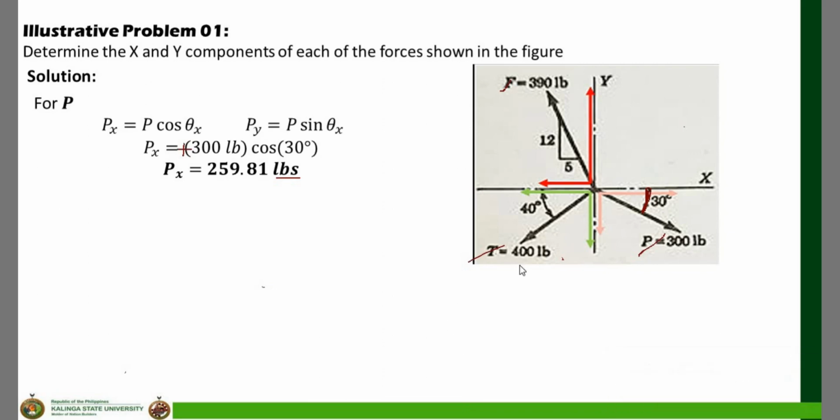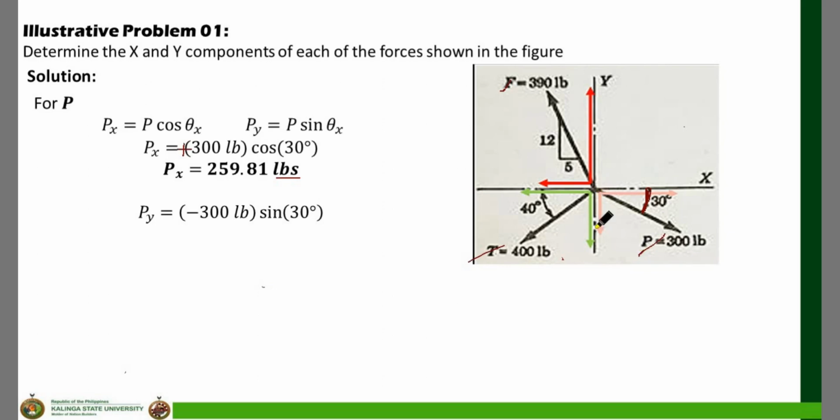Let's solve for the value of Py. The answer here is negative 300 pounds times sine 30 degrees. Why negative? Again, going back to the diagram, force P is pointing to the right, downwards.